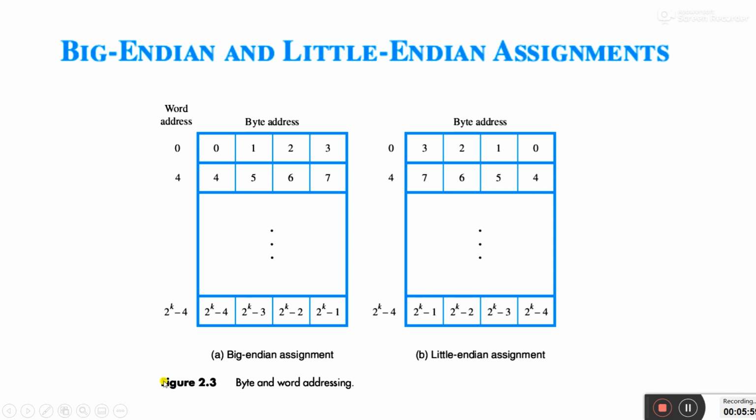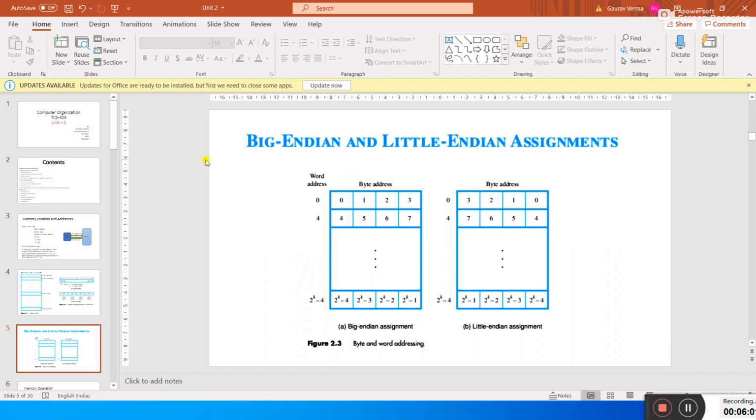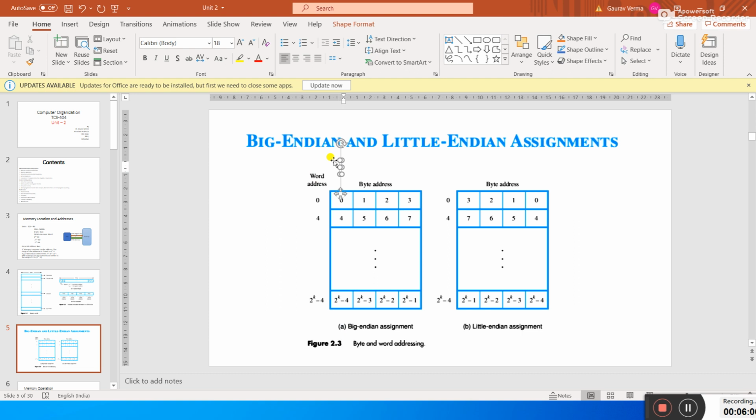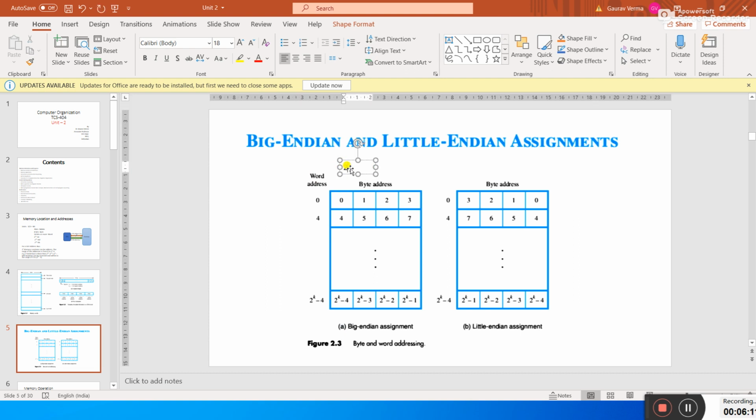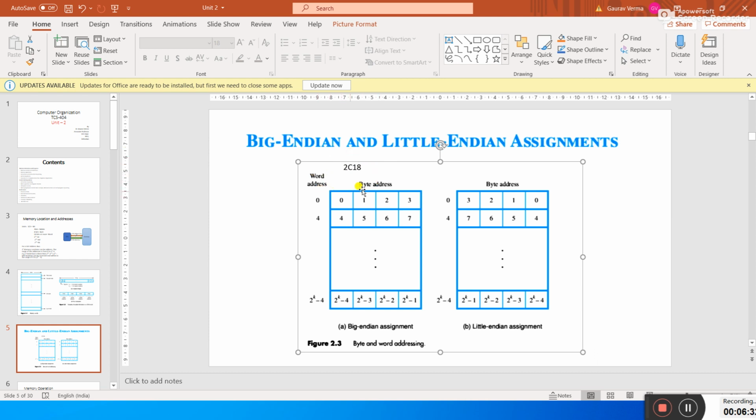So for example, if we have some data in hexadecimal format, like 2C18 for example. In the big endian format, it will be stored as it is looking.